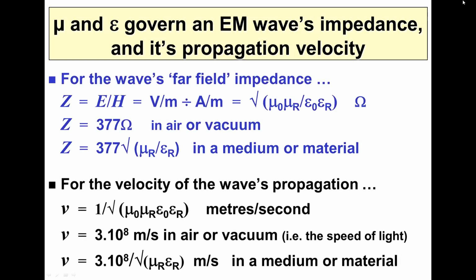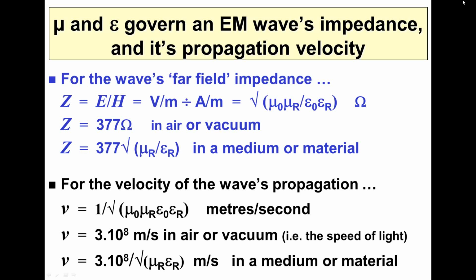Then there's the velocity of the wave's propagation, which is important for knowing the wavelength, and you'll see later on that wavelength is very important for designing anything to do with EMC. We need to know the velocity. The velocity is actually 1 over the square root of the permeability times the permittivity. For the vacuum or the air, it's nearly 300 million meters per second, the speed of light.